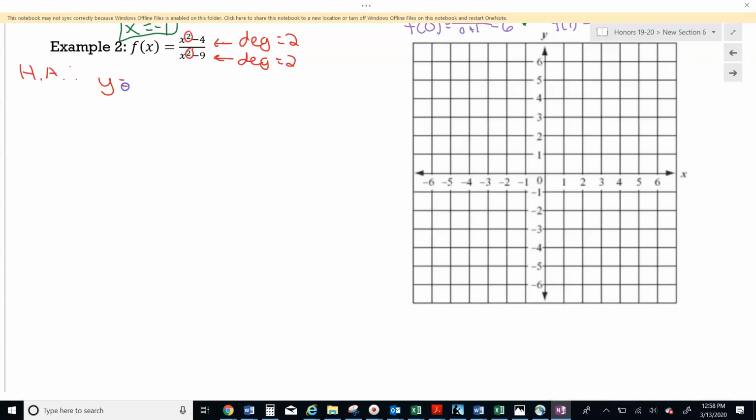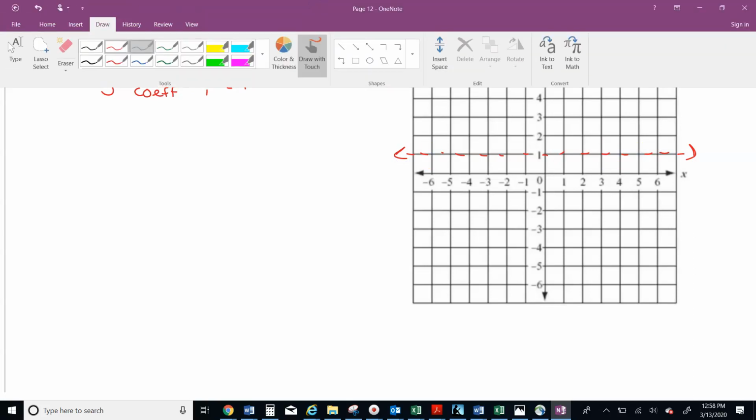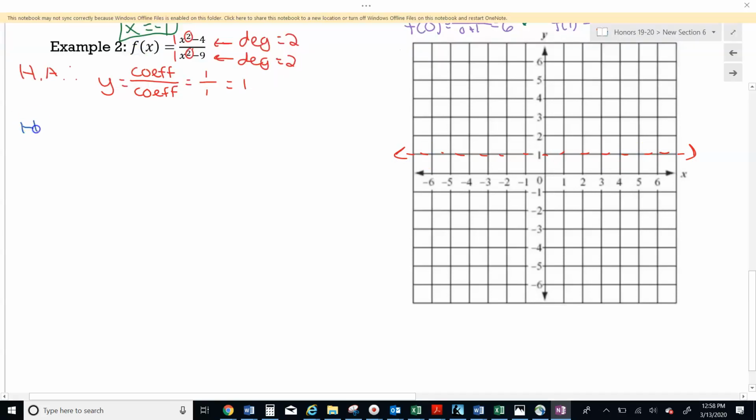So y equals coefficient over coefficient, which equals 1 over 1, which equals 1. So y equals 1. Holes. Well, this is difference of squares.